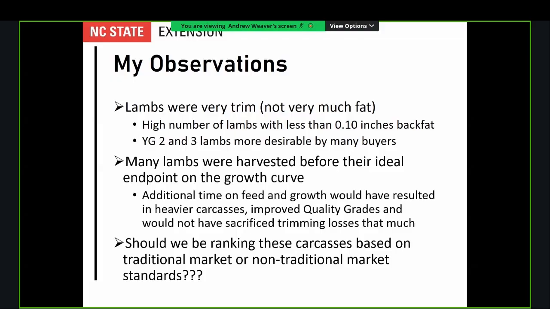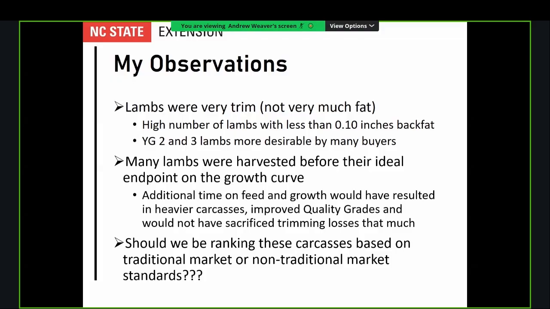We talked about how, on a live basis, lambs are graded based on visual appraisal of animal shapeliness. While in an auction barn, we're not measuring ribeye area, in a non-traditional market we're not measuring actual ribeye area, and even in a traditional market we're not measuring actual ribeye area.